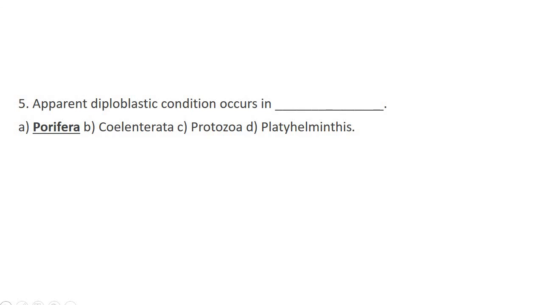Now the scleroblasts are another type of cells. So that is the 11th type, the 10th type of cells was done. Scleroblasts are another type of cells. So these scleroblasts are spherical or oval in nature, and these scleroblasts give rise to spicules.